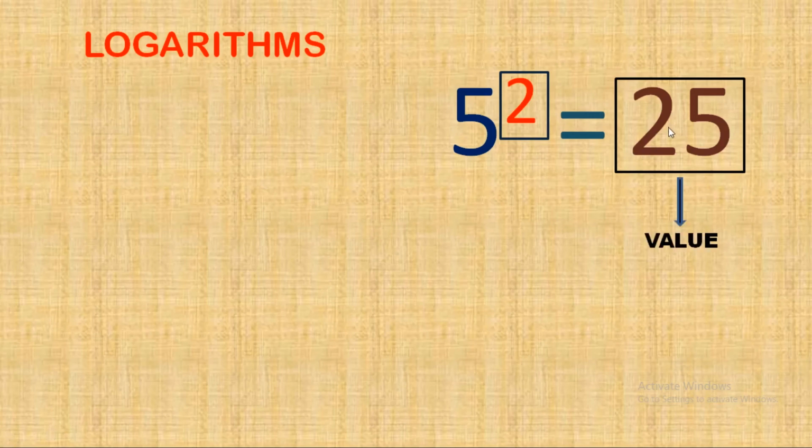This 25 is called the value of this 5 square, 5 is called the base, and 2 is called the power or exponent. So this is how we name the different quantities in an exponential form. So 5 is called base, 2 is called power or exponent, and 25 is the value of this exponential form.